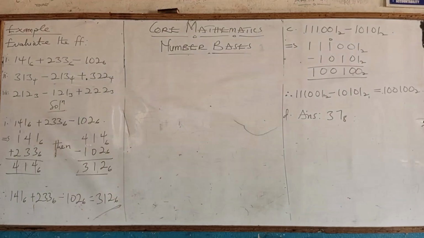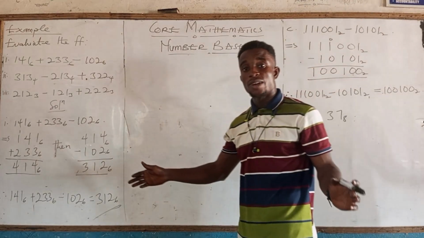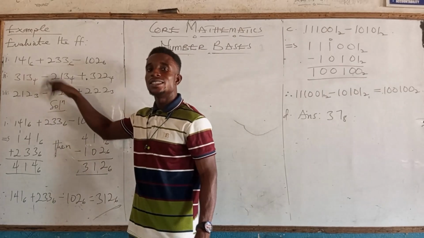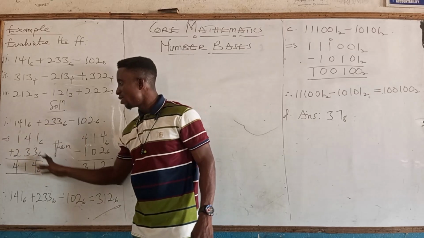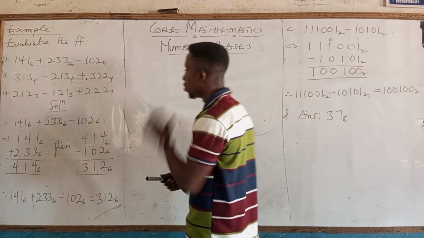And that is it. Okay, and I think you understand, right? Because what did we do here? We added this and that. Then the result, we subtracted this one from that. So that is that. We are good to go.